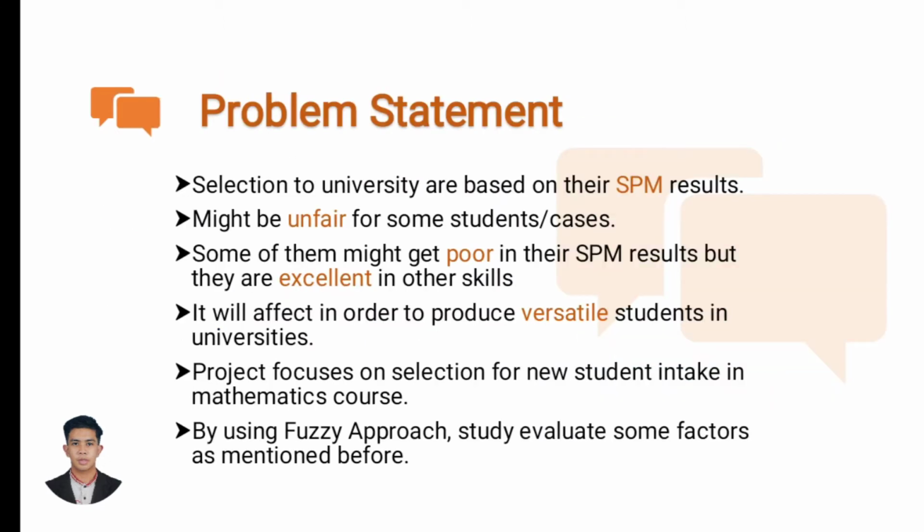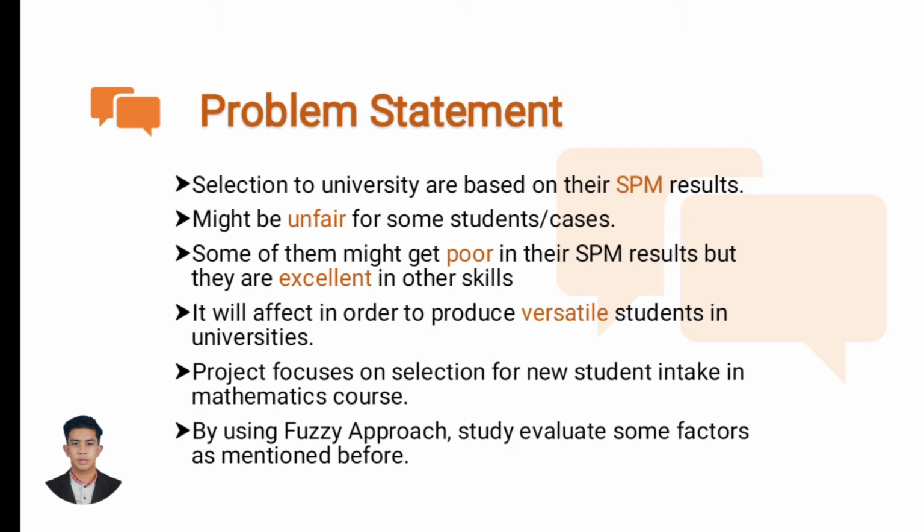Problem statement. The selection for university is based on SPM results, so it can be unfair for some students. Some of them might get poor SPM results, but they are excellent in other skills. It will affect the effort to produce versatile students in university.